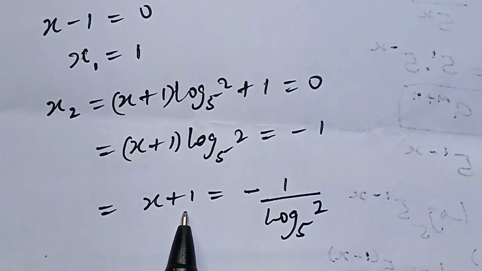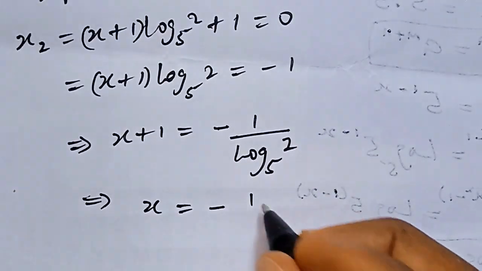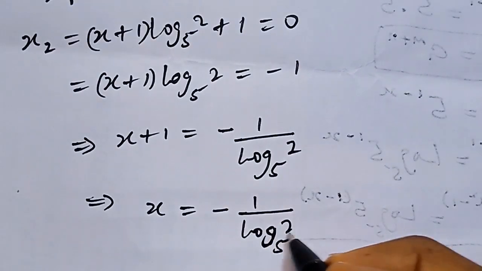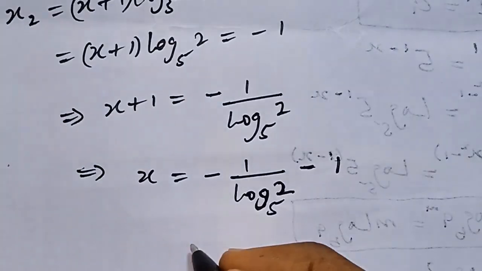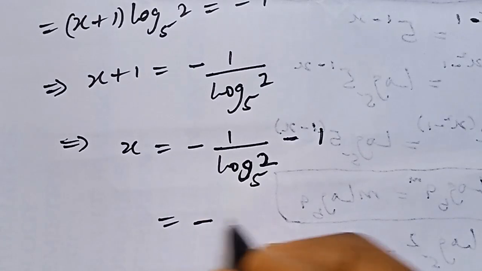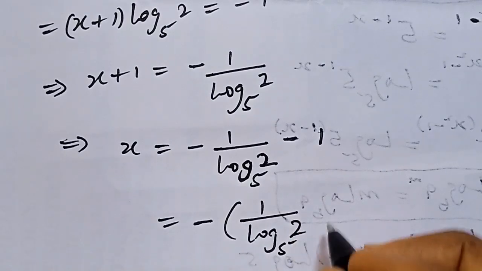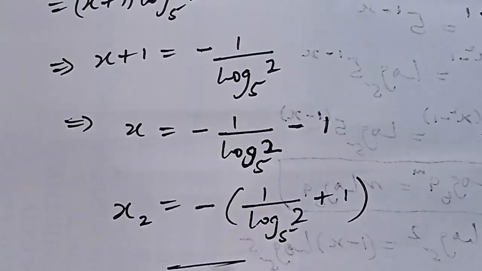Moving the 1 over here again to the right hand side, we also have that x will be equal to minus 1 over log base 5 of 2, then minus 1. Okay, and that can be written as, if we factor out minus, we have minus into bracket 1 over log base 5 of 2 then plus 1, which is going to be our x2.